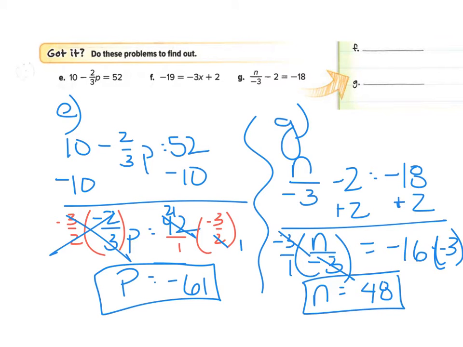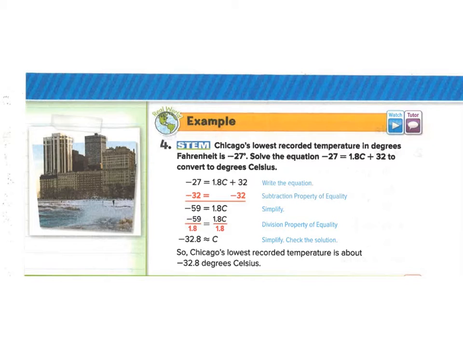And to check that, of course, I'd substitute back into my original equation. So we have 48 divided by negative 3 is going to be negative 16, minus another 2 is negative 18. So we're good. And last but not least, on page 124 at the top, there's another example they give you.